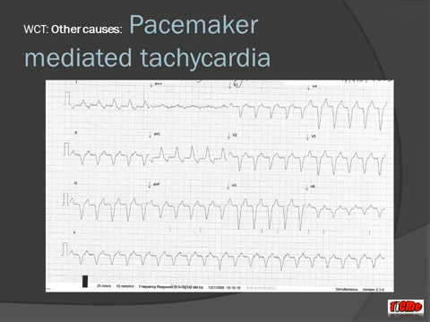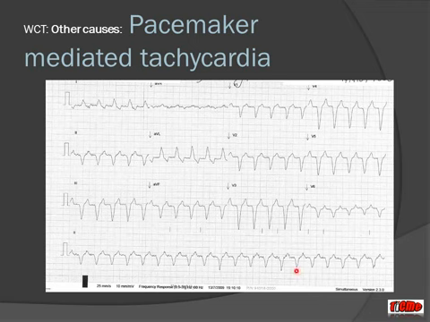I'm just including this pacemaker rhythm here as a bit of interest. This is an example of a pacemaker mediated tachycardia. You won't see this very often. Essentially, with a dual chamber pacemaker, you can get a reentrant pathway using the atrial and ventricular leads as a reentrant circuit.